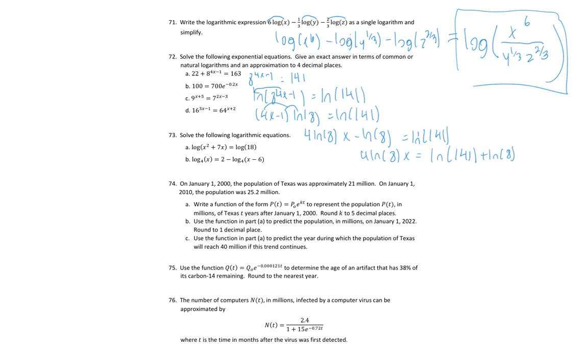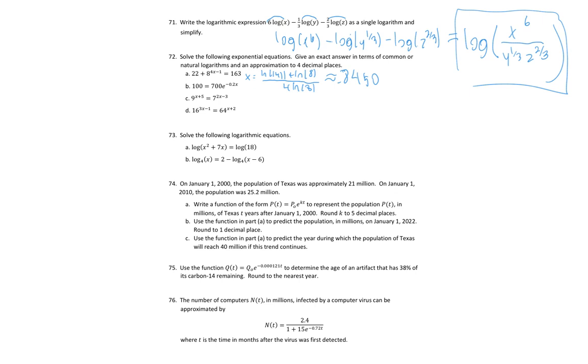Then I'll divide by 4 natural log of 8, so x equals natural log of 141 plus natural log of 8, all divided by 4 times the natural log of 8. So that's my exact answer, and my approximation is going to be 0.8450 to 4 decimal places. And I'll rewrite this up there. That's my final answer.